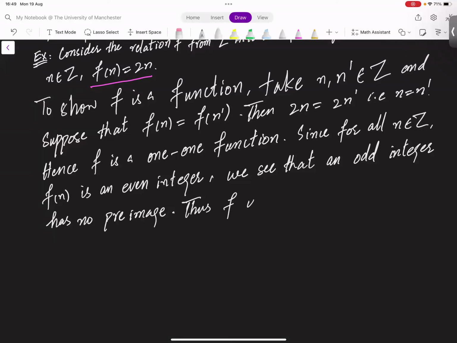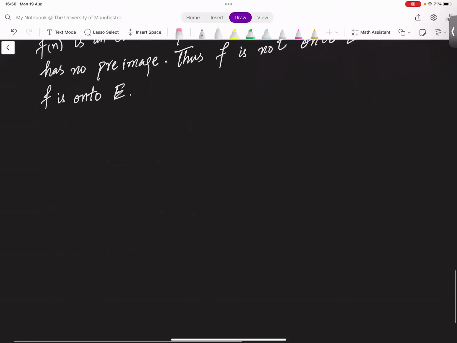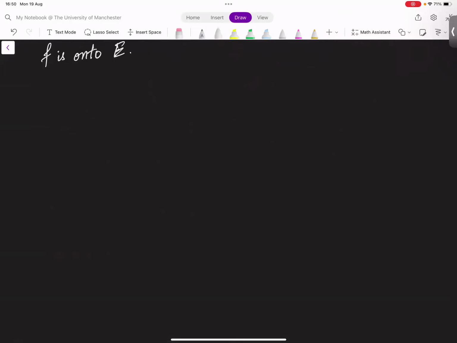Thus, f is not onto Z. However, f is onto E, the set of even integers. Perfect. This is how we use definitions to show whether a function is onto and one-to-one.